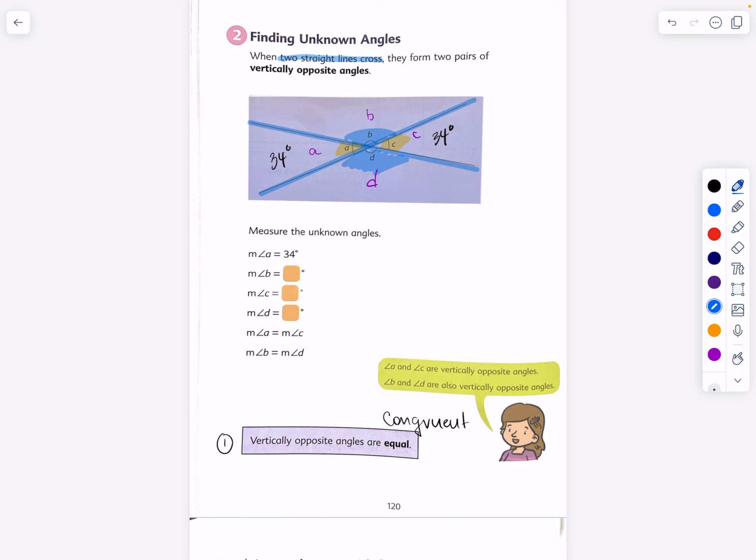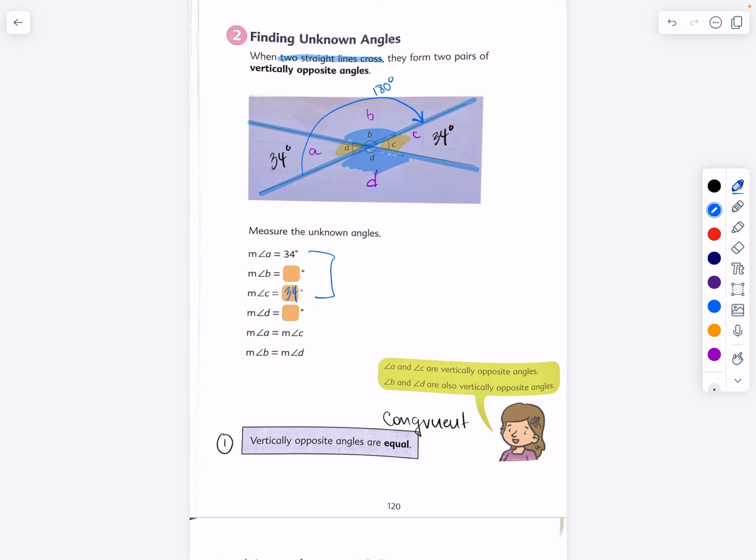And so let me label it. Angle A is 34, angle C is also 34 because they are congruent. But how do we find angle B? Well, angle B is not that difficult to find because this is an angle on a straight line. And I hope you remember that angles on a straight line add up to 180 degrees.